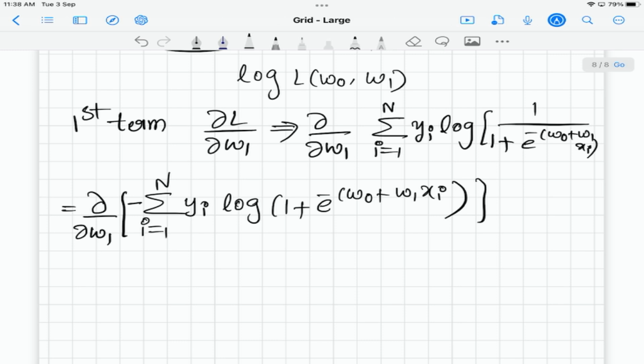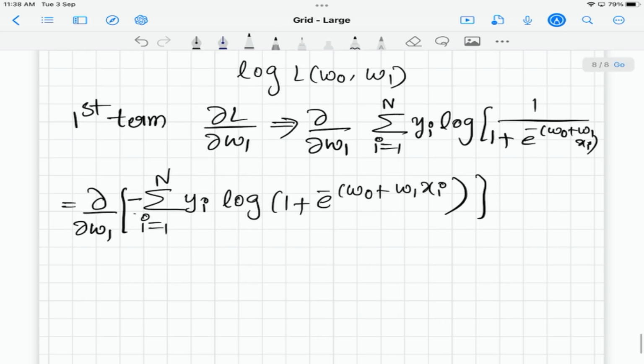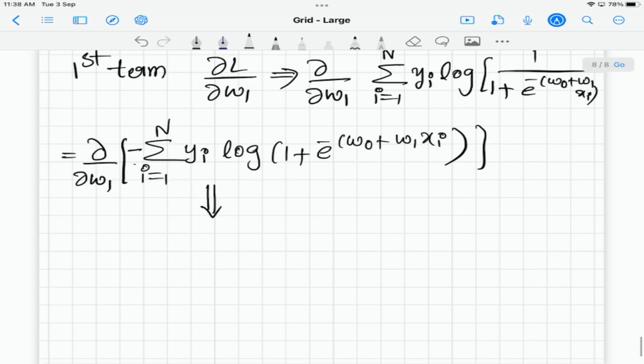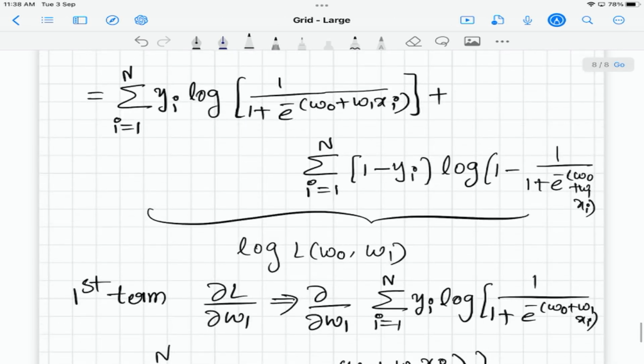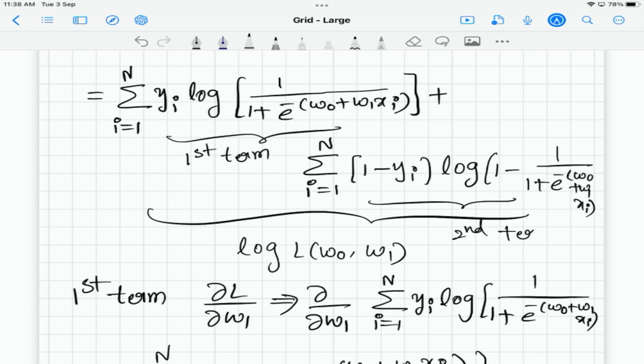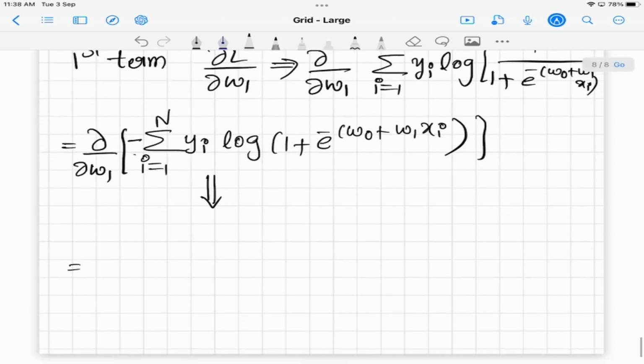I'm just keeping the minus from the denominator and writing my log term like this. Can you apply the derivative for this and tell me the output? I am applying the derivative for the first term. Okay, so for the first term, when you apply the derivative, what happens?